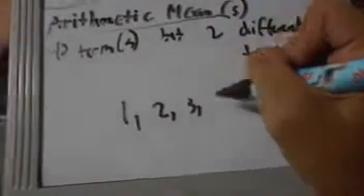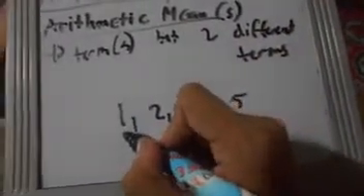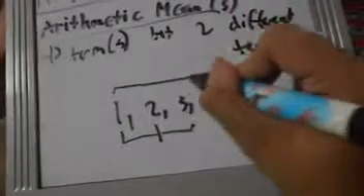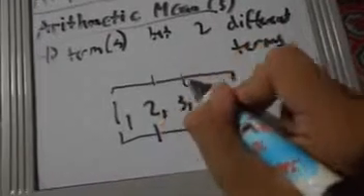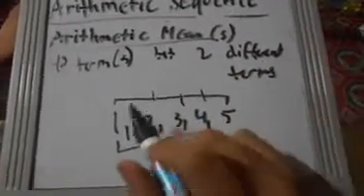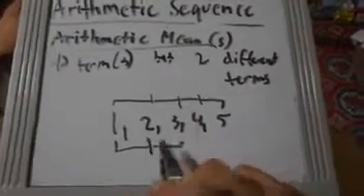For example, the sequence 1, 2, 3, 4, and 5. The arithmetic mean of 1 and 3 is 2, while the arithmetic means of 1 and 5 are 2, 3, and 4, since they are found between 1 and 5 in this sequence.